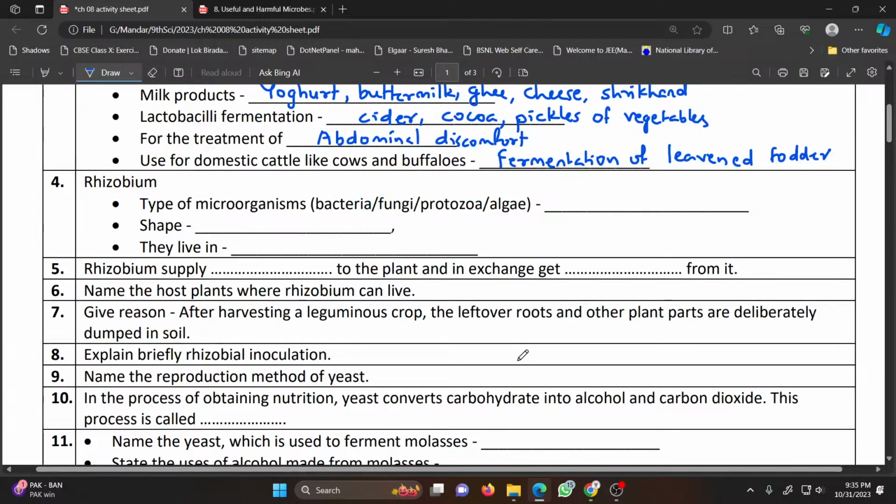Next microorganism is rhizobium. This is also a bacteria, symbiotic bacteria.